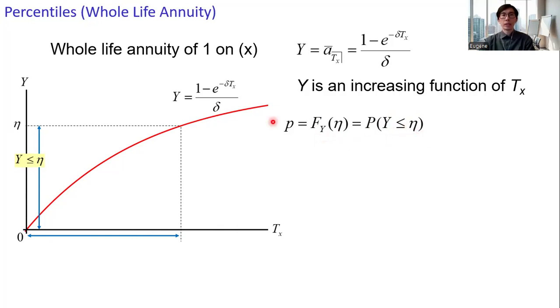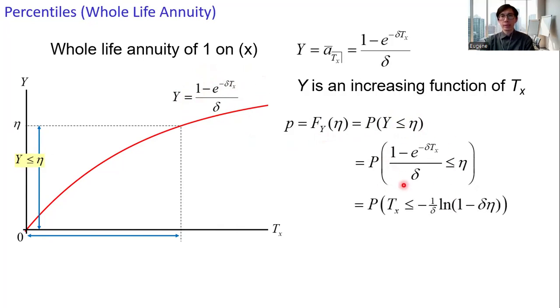Express Y in terms of Tx using this expression. Solving for Tx within the bracket here, we get the probability statement that the probability Y is less than or equal to eta is equivalent to the probability that Tx is less than or equal to this expression.